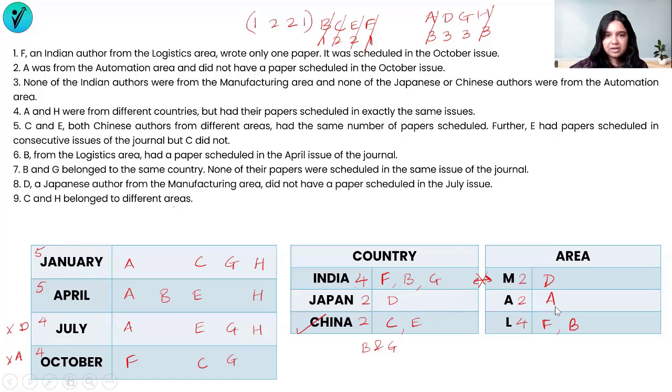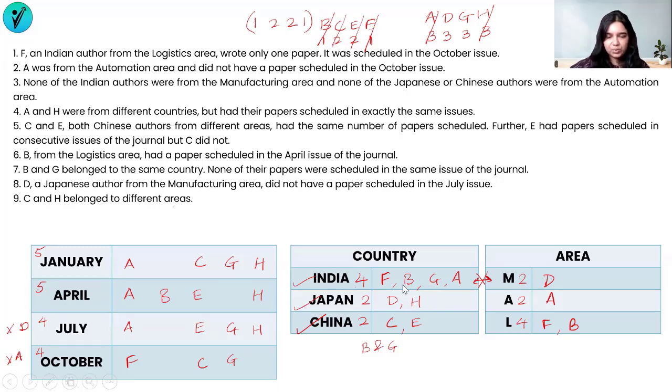Now, in automation, we already have A. So A cannot be either a Japanese or a Chinese national. That means A then is left to go to India alone. Japanese and Chinese people cannot be in the automation area, which means A is not from Japan, neither from China. So A is definitely in India, which then we already have placed 7 people. The 8th one is H. H will have to be a part of Japan. So we've taken care of everyone's country so far.